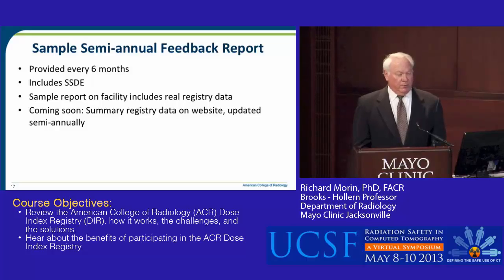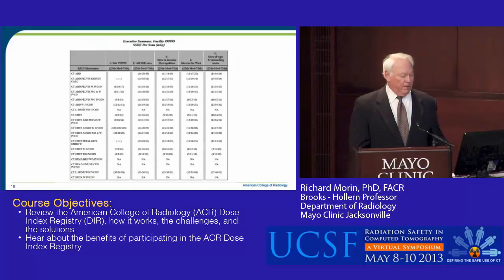So the reports come out every 6 months and include the size-specific dose estimate, and eventually this will be an online web service so that at any point in time the facility could generate reports of their own data, as well as reports of the entire database. Next slide. So this is a few studies that have been taken out, and it is interesting.